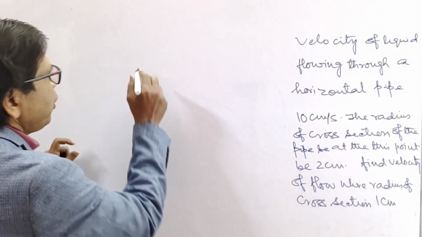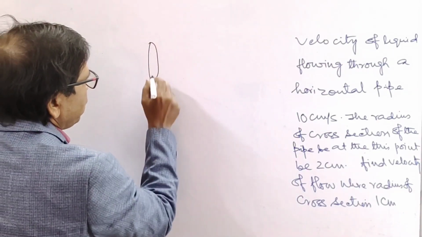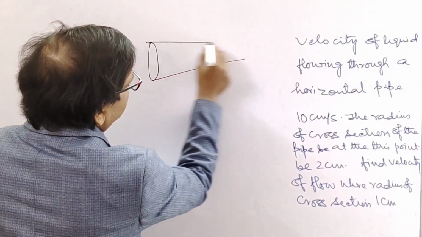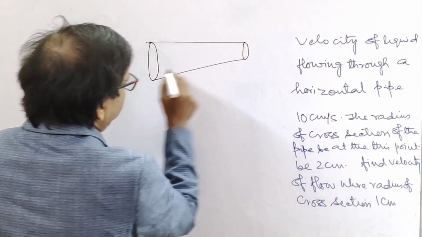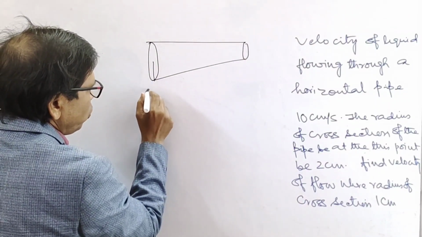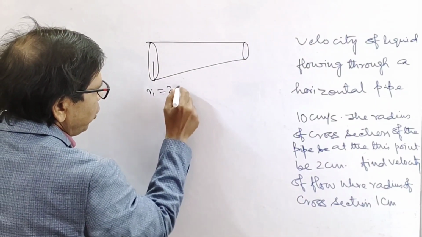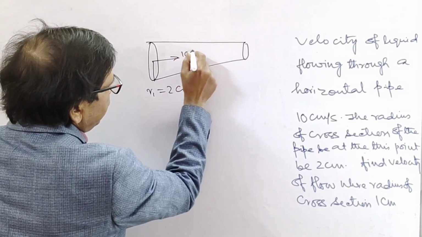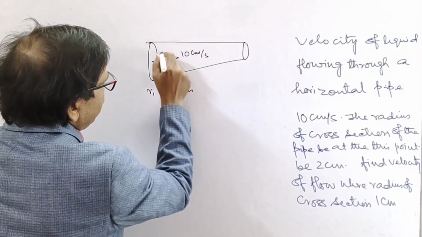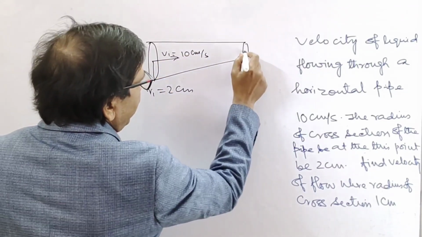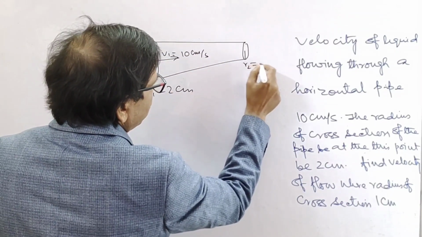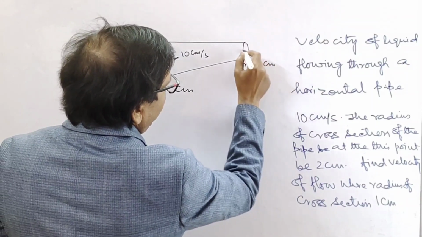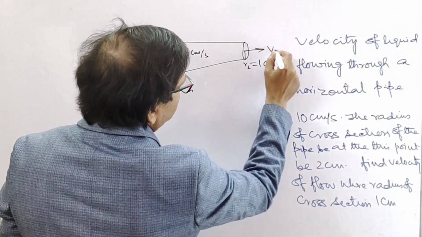Now look at this, this is a horizontal pipe. Here the radius of cross section at this point is 2 cm, so r1 is 2 cm. Here the velocity of flow is 10 cm per second, this is v1. Now here the radius of cross section r2 equals 1 cm. We have to calculate the velocity here.